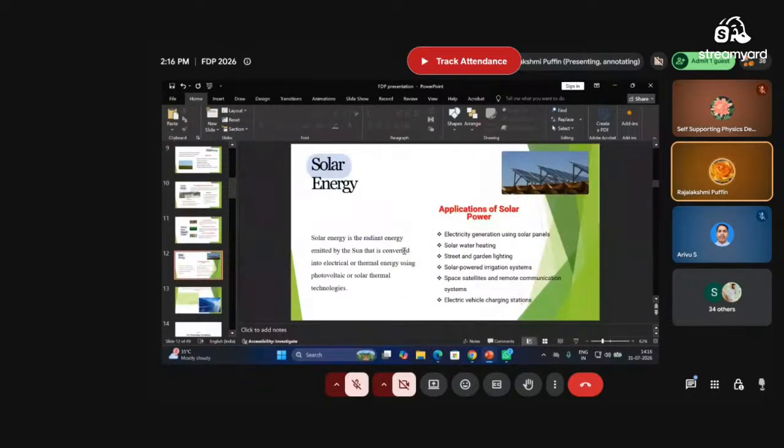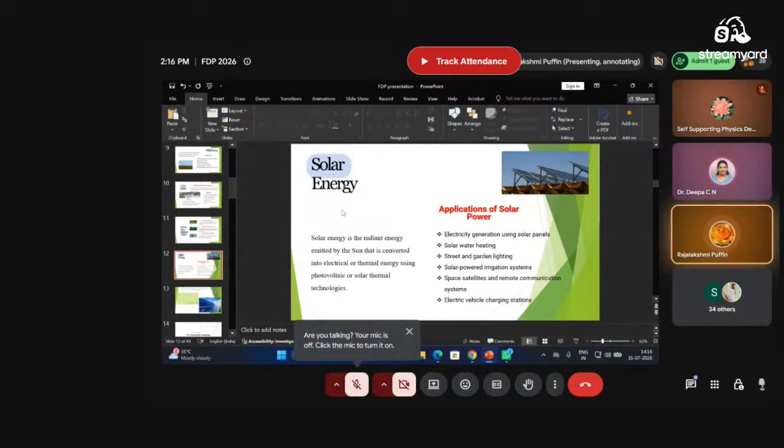Okay. Solar energy. We often see solar energy in many small industries, or on the roadside, where we have automatic switch on and switch off street lights. That is based on solar energy. How does solar energy work? This is purely based on the sun, converting into electrical energy or thermal energy. This is relevant to photovoltaics.